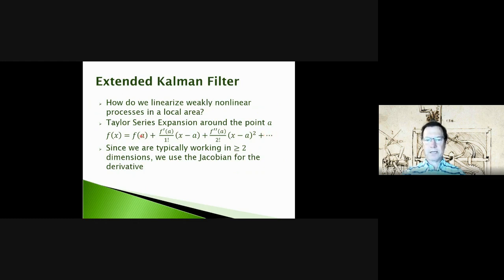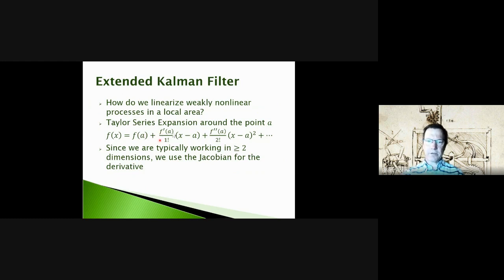If you take that Taylor series expansion out to infinity, then yes, that will accurately describe f of x. The fewer terms you include, instead of infinity, the narrower the range around A over which this is going to be valid, right?